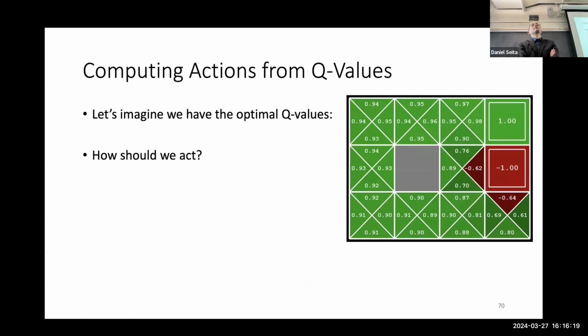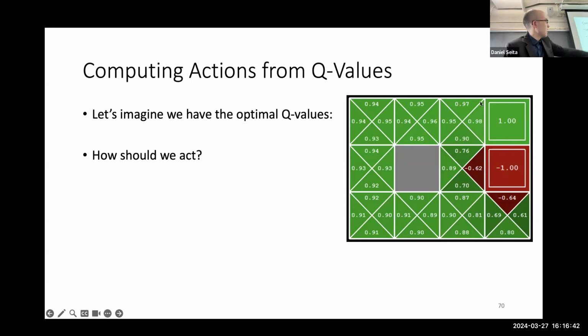How should we act? Let's suppose that we're in this state here. What's the action? Hopefully you can read the numbers, or if you're sufficiently far back, you can look at the screen back there.